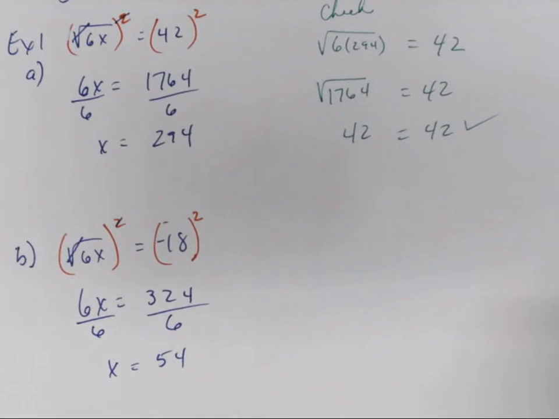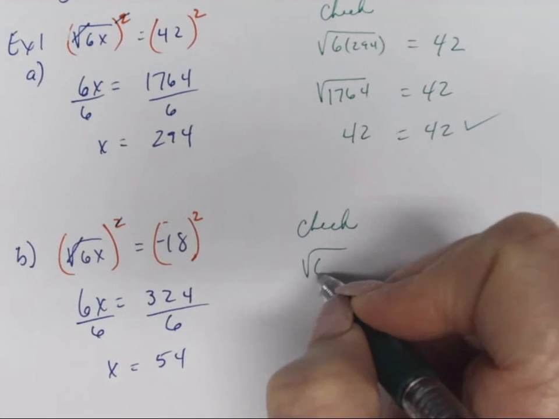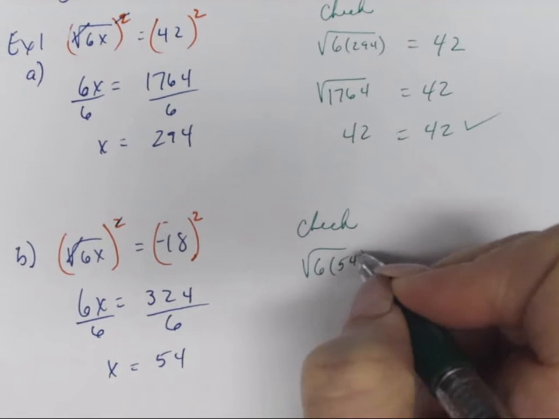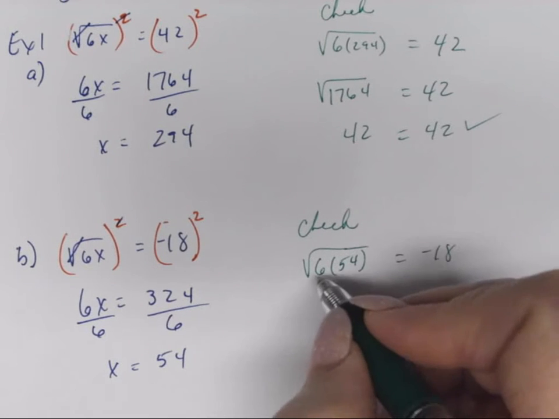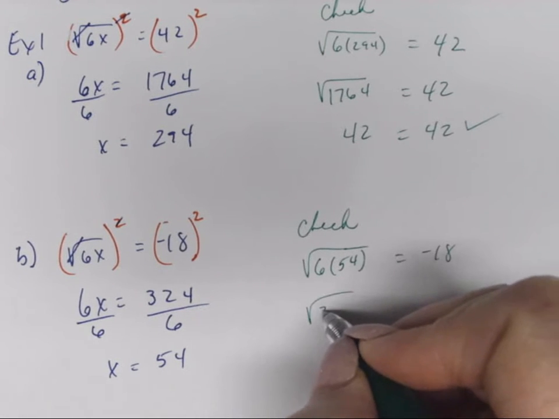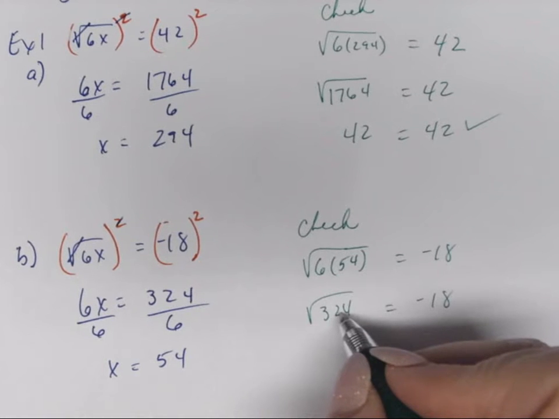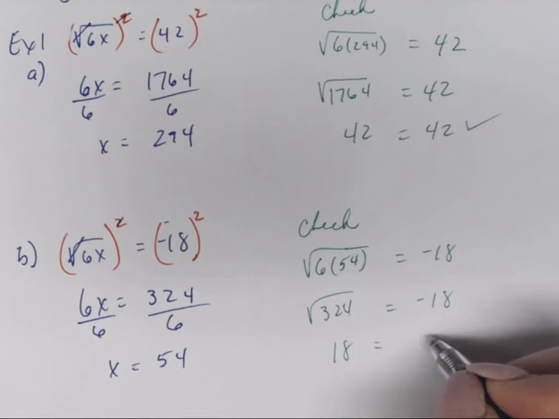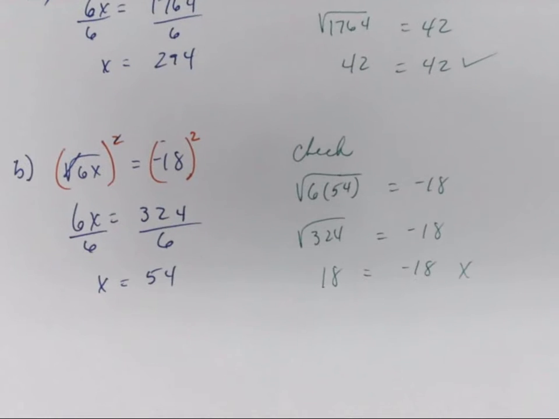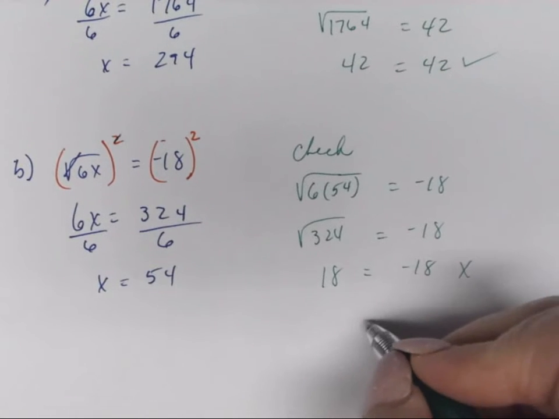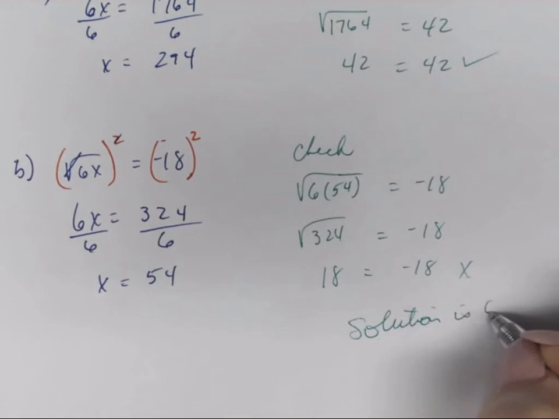So now we need to check it. The square root of 6 times 54, we want to know, does it equal negative 18? Well, 6 times 54 is 324, and the square root of 324 is 18. Now this doesn't work because we have 18 equals negative 18, so our solution is the empty set.